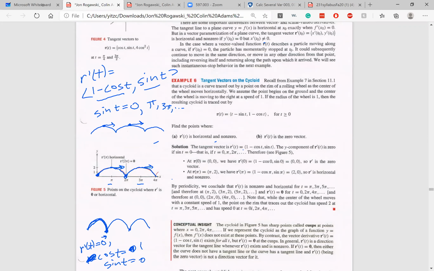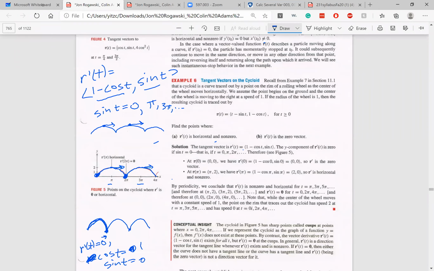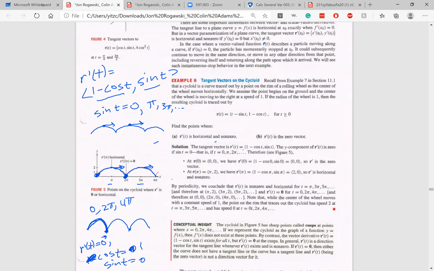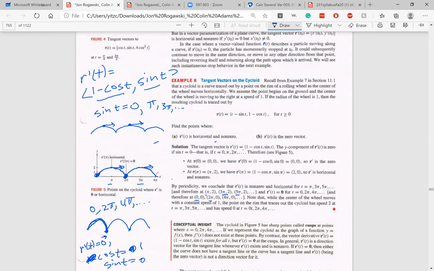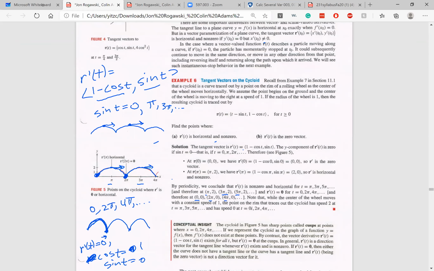So this would happen at 0, at 2 pi, at 4 pi, and so on. And okay, so those are the two answers. So like we said, at pi, 3 pi, 5 pi, we would have the first answer, and then at 0, 2 pi, 4 pi, we would have these. Okay, so there are our answers.